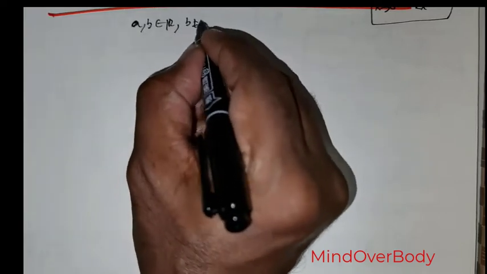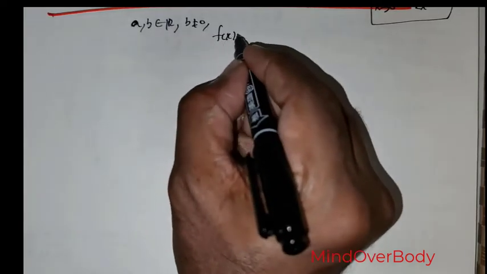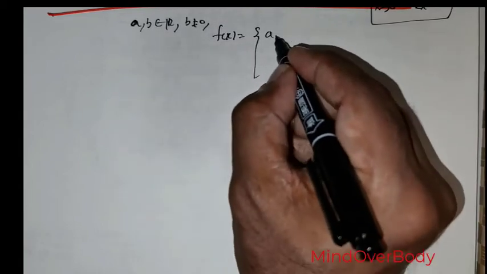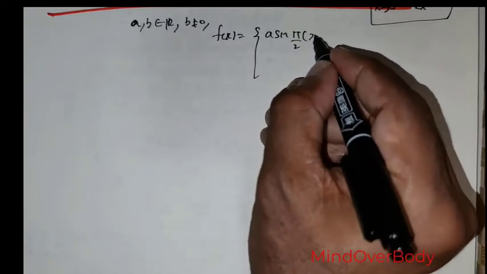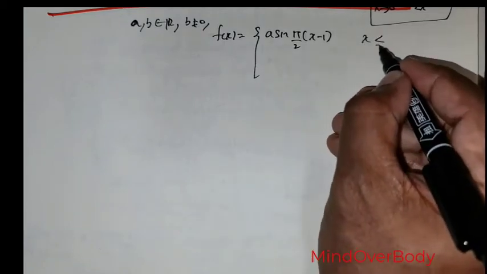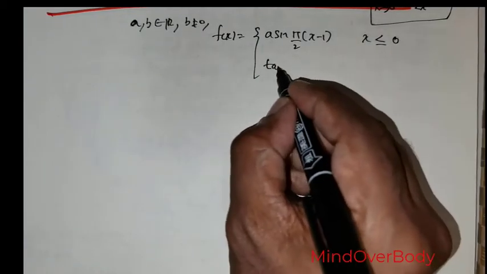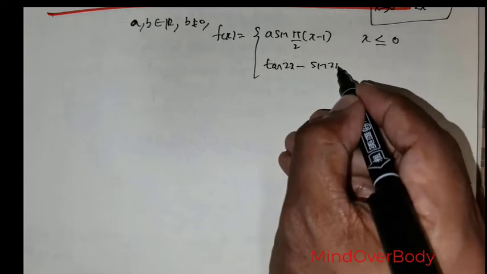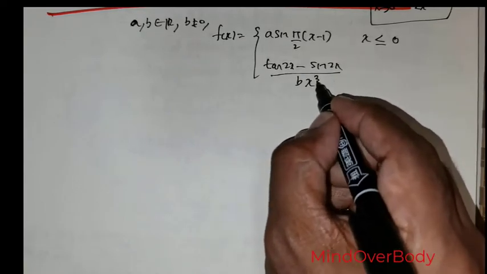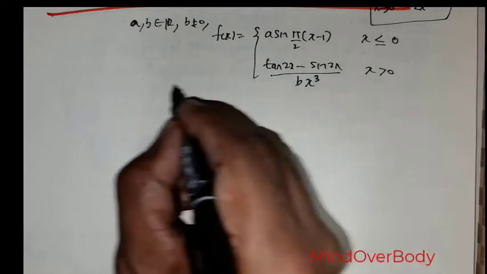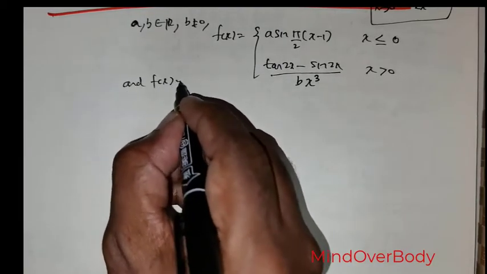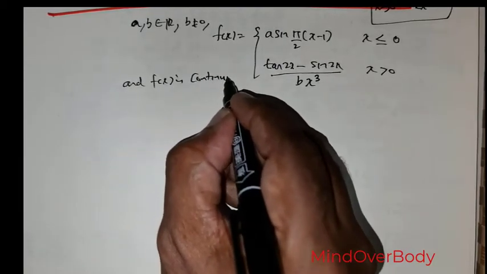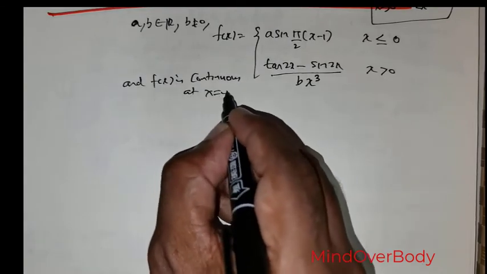Students, we are given this function, given that a, b are elements of the real numbers and b is not equal to 0. We have a function f of x equal to a times sine of pi over 2 times (x minus 1) for x less than or equal to 0, and we have tan 2x minus sine 2x divided by b times x cubed for x greater than 0, and f of x is continuous at x equal to 0.